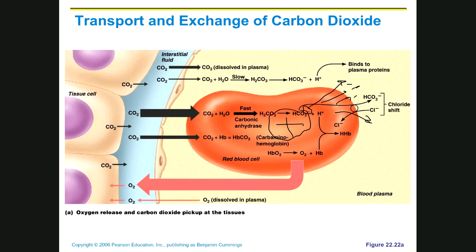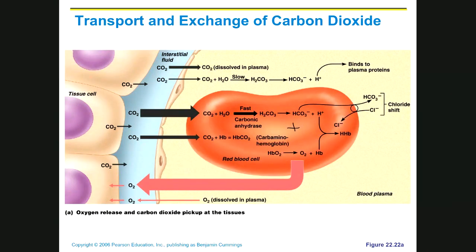I'm going to wind up with a potential, like on a nerve, on a muscle cell. Well, red blood cells don't need or work with a potential. So we're going to have to figure out a way to counteract this.